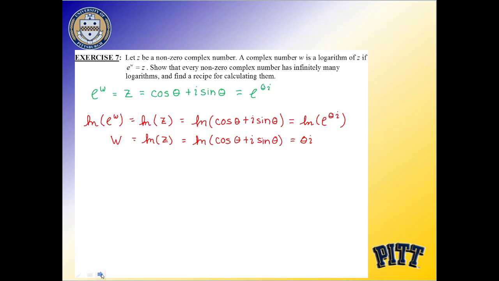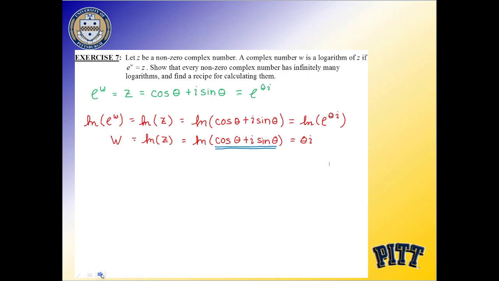But the thing is, the cosine of theta plus i times the sine of theta, because that's how we bridge this gap. That's how we go from a complex number into something in terms of e that I could take a natural log of. It is this bridge here, this cosine theta plus i sine theta.